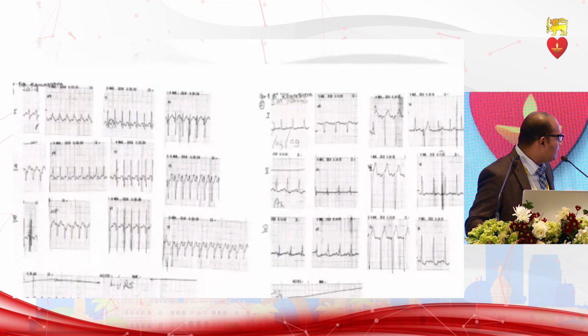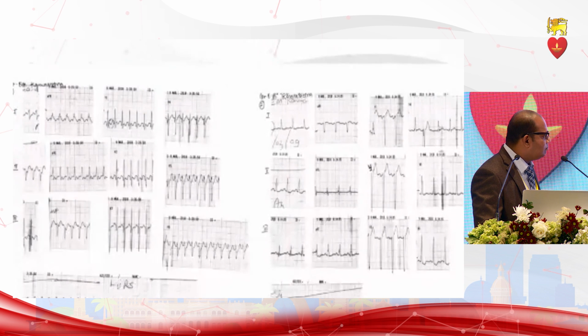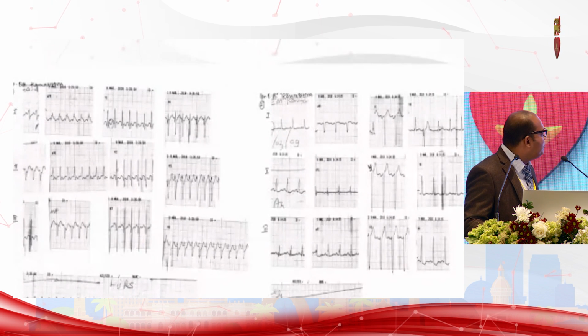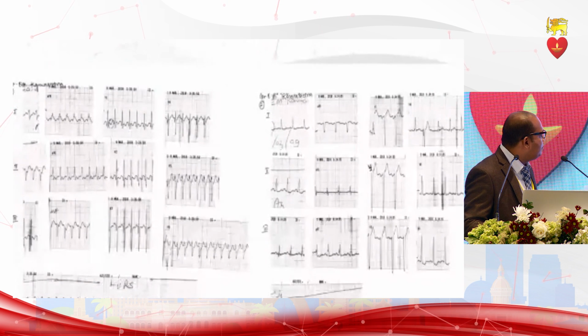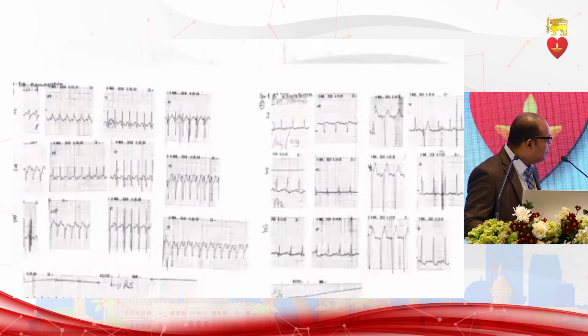Beautiful feature that you have shown, your VT is narrower than the sinus rhythm. Exactly, and sinus rhythm is actually wider. So that is almost 100% in keeping with a VT.